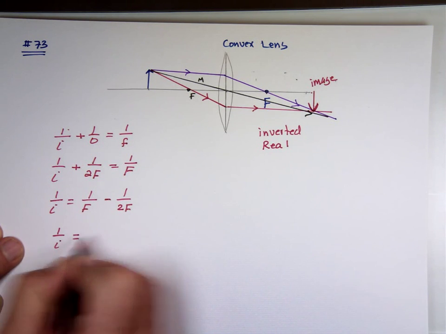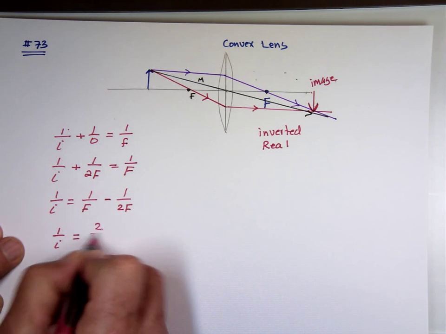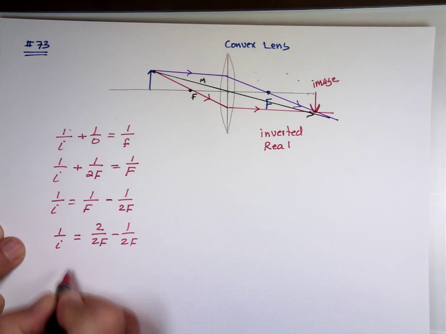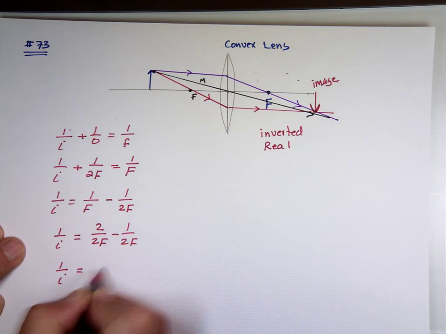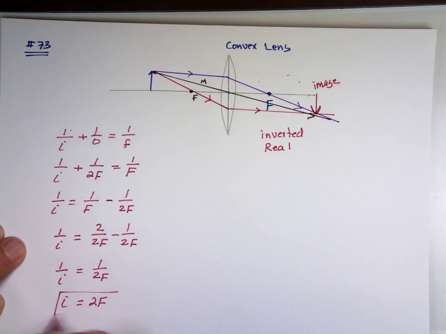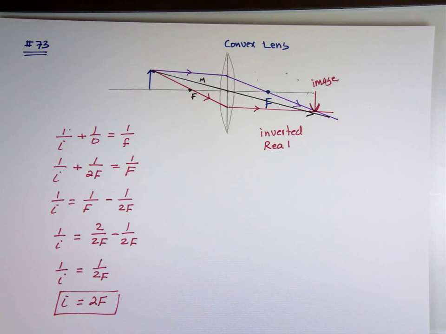It's 2 over 2F minus 1 over 2F. 1 over 2F, and what is I equal to? 2F. The image is 2F.